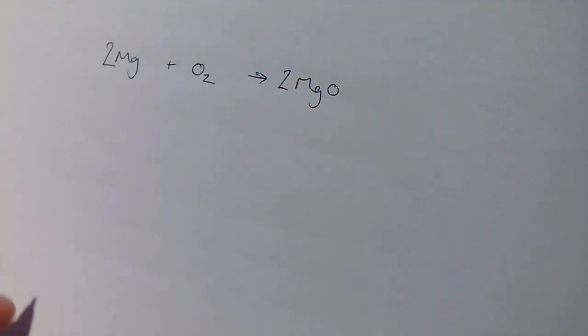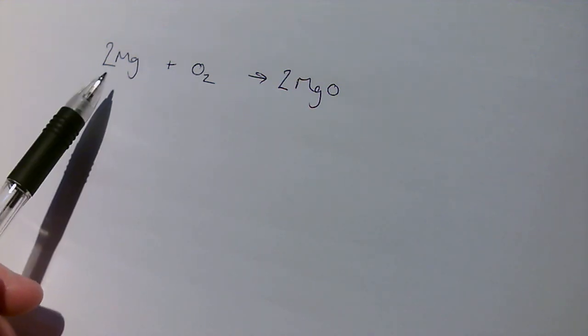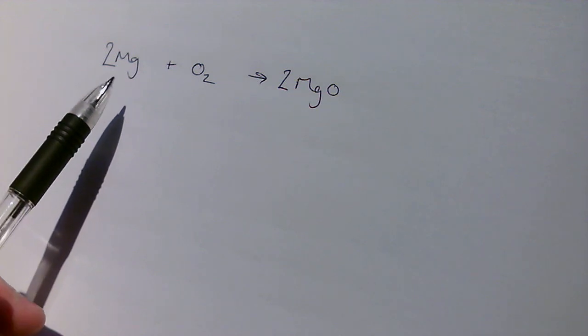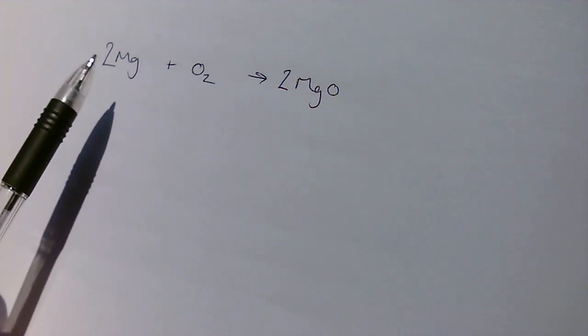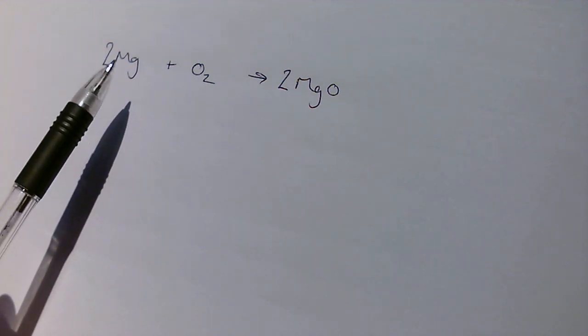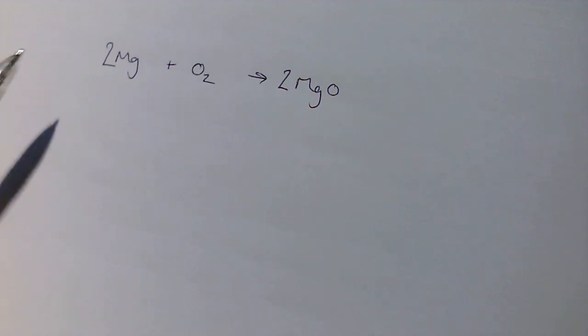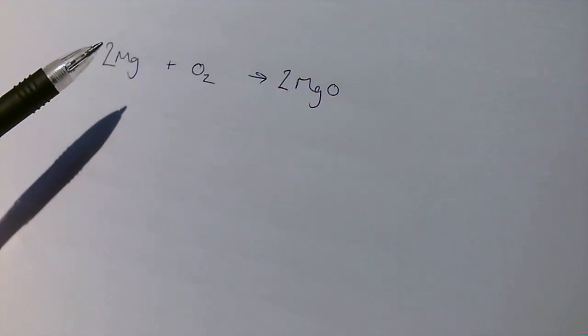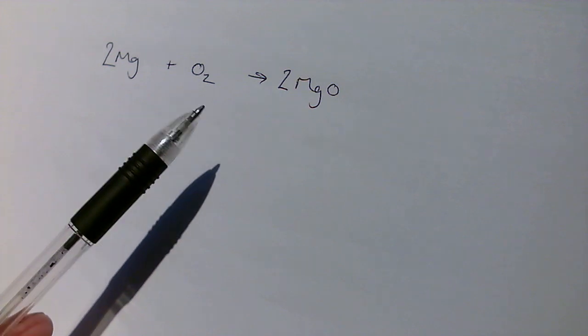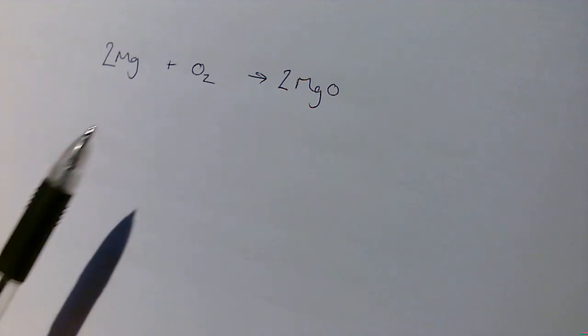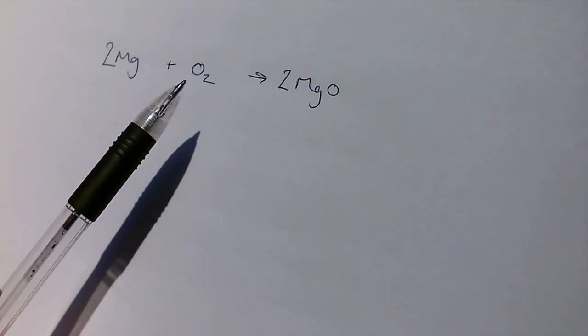So let's look at the different species individually. First of all, I'm going to take the magnesium. The type of species in that equation are magnesium atoms. A lump of magnesium is made from lots of magnesium atoms. O2 is a diatomic molecule, so we've got a covalent bond between the two oxygen atoms.